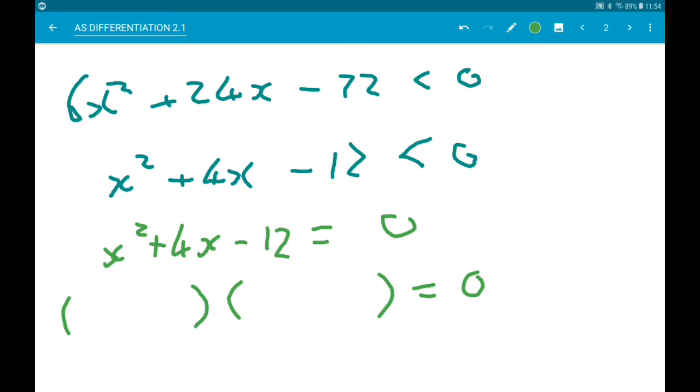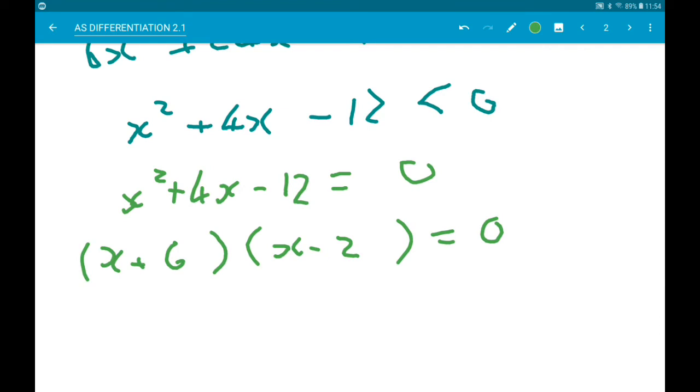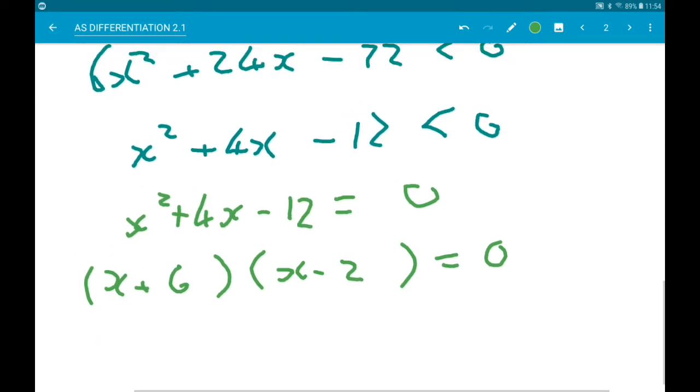So that's going to be x plus 6 times x minus 2. Now that gives us critical values of x equals minus 6 and x equals 2. So those are the x-intercepts.